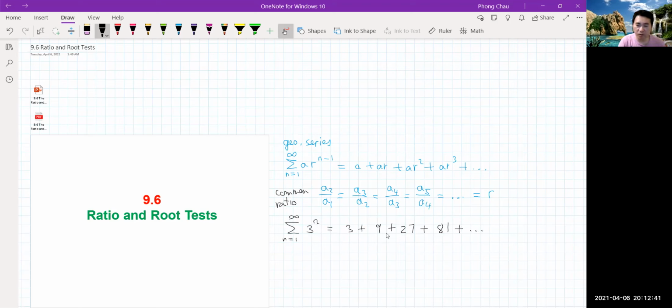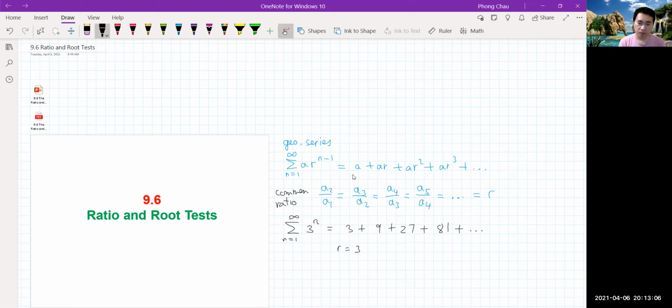Now, if you form the ratios 9 over 3, 27 over 9, 81 over 27, you always have the same, that is 3. So this is a very special series we call a geometric series. The ratio of consecutive terms is always the same.